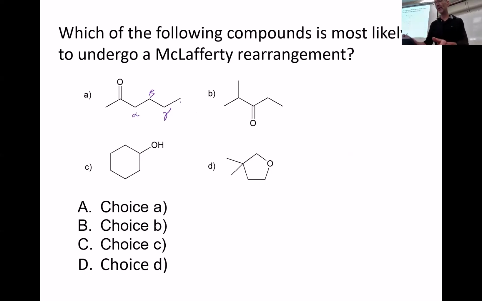Here, we can go alpha, beta, but there's no gamma. There's no carbon that's out far enough with a hydrogen that would allow for just the right positioning for the McLafferty rearrangement. Wow, everyone has chosen the correct answer. Pretty amazing. And indeed, the correct answer is A.